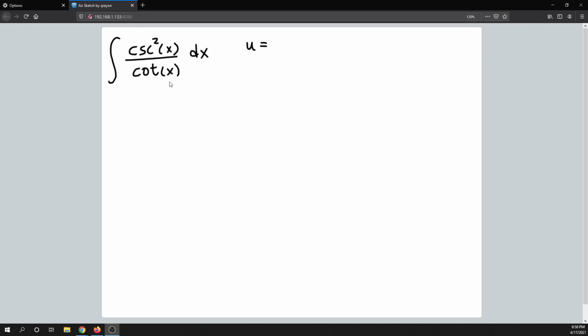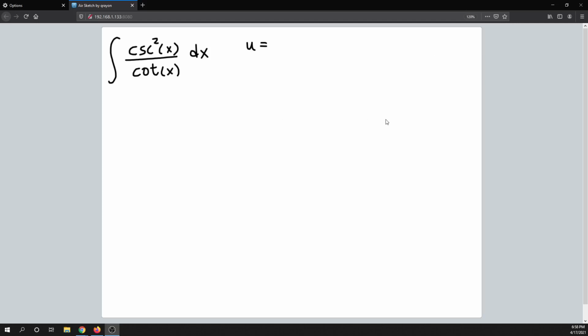And then the third thing on my list of good choices for u that I talked about in the introduction to substitution video was that a good choice for u would be the denominator. That might work out as well. And you can see the denominator here is cotangent x.